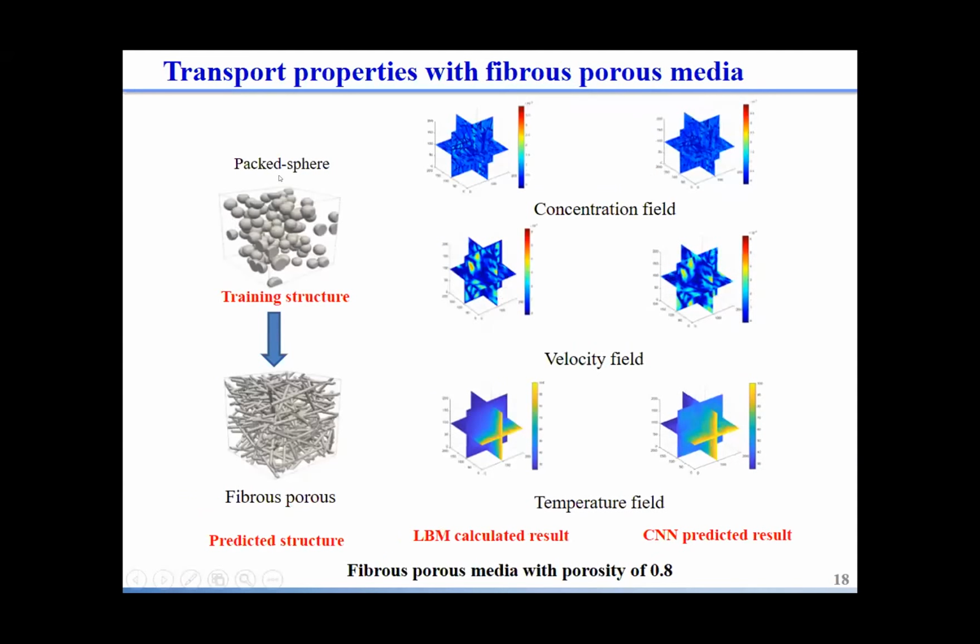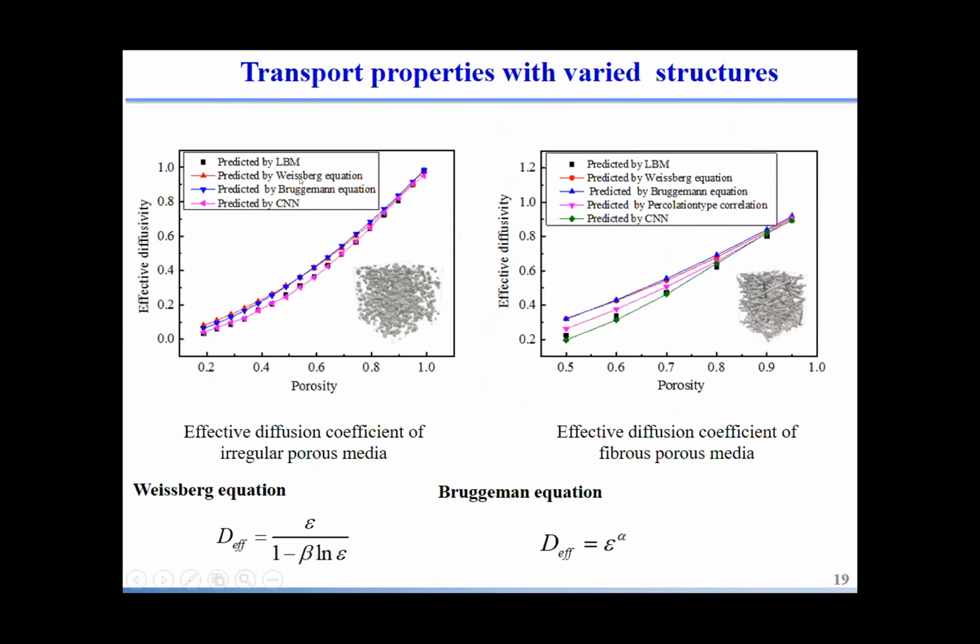And also, based on the packed sphere, we can predict the performance of fibrous porous structures. This is the concentration, velocity field, and temperature field predicted by the LB method based on the real fibrous porous structures, and this is predicted by the CNN based on the packed sphere. So we can get the fields.